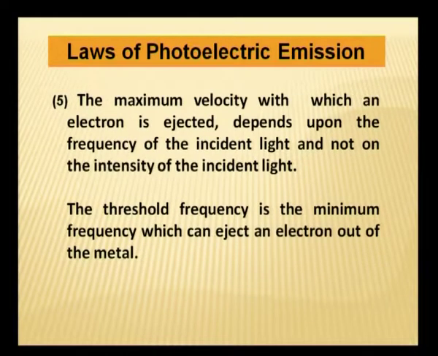I showed you these things much earlier. Then the last law says the maximum velocity with which an electron is ejected depends upon the frequency of the incident light and not on its intensity. Intensity has nothing to do with the kinetic energy or velocity with which the electron comes out.